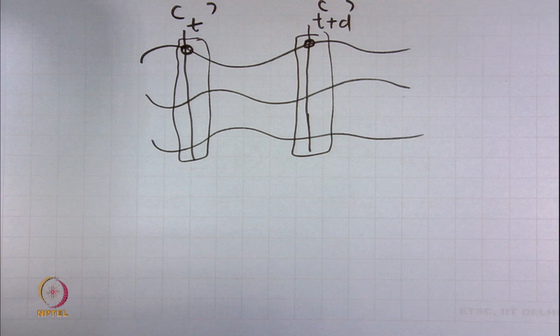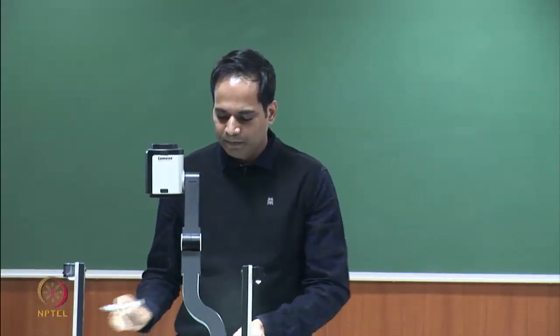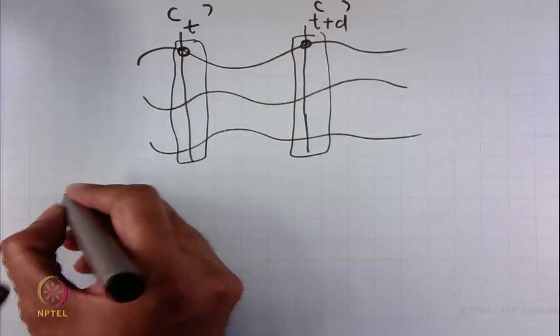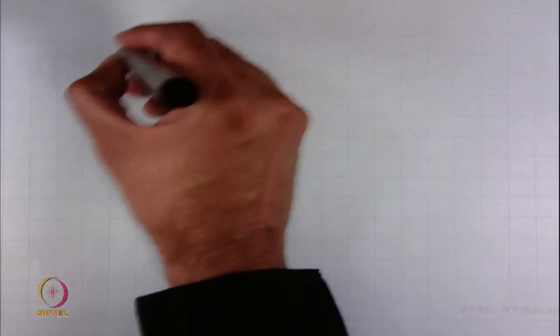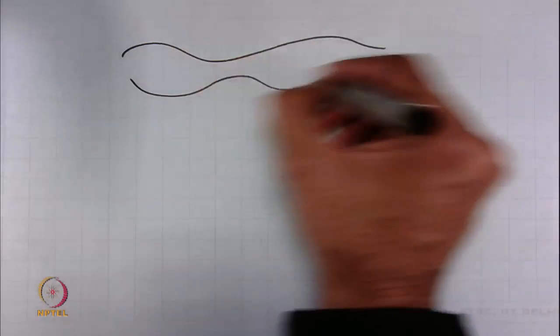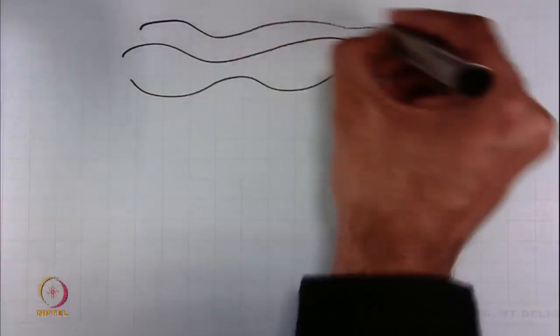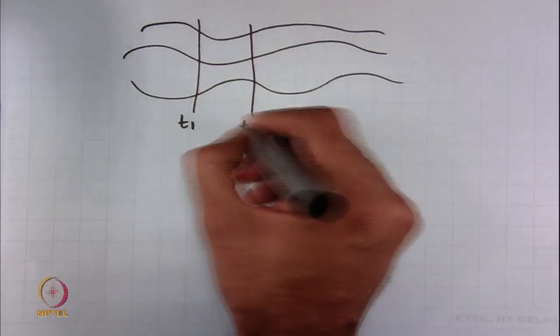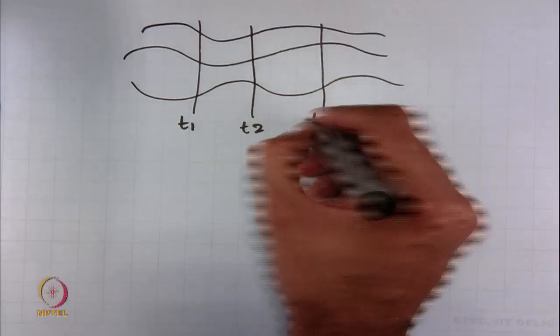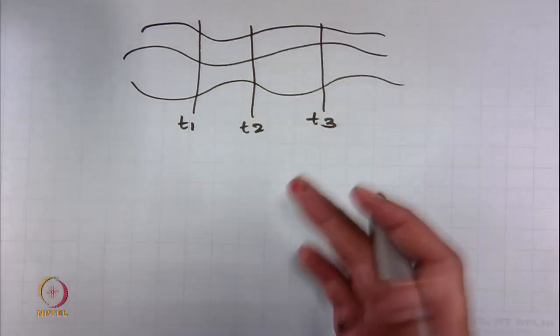Let us try to see how we can define stationarity mathematically. Suppose I have a random process. Let me draw this so that you get a grip of what a random process is, and I sample this at different time instances. When I sample a random process at different time instances, what am I going to get?